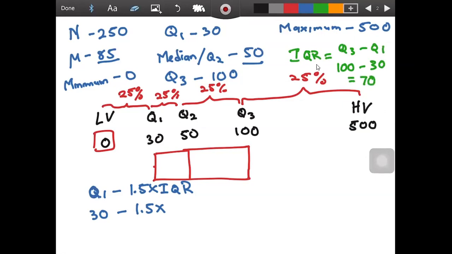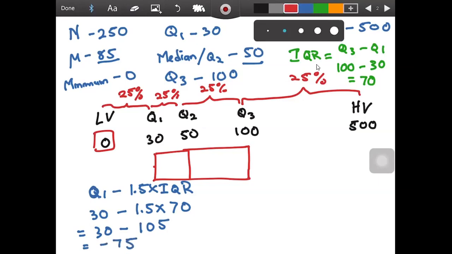So 30 minus 1.5 times 70, which is 105, equals negative 75.